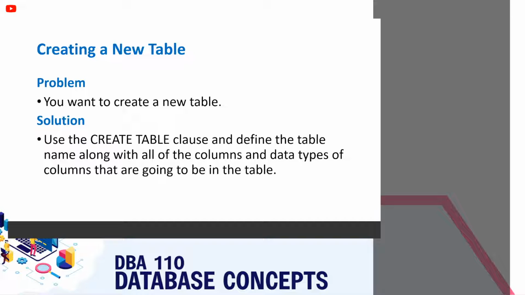So one of the most common things that we'll want to do is be able to create a table to put our new data in. We've got this database, and we're going to want to put some new table in our database to hold some new data.